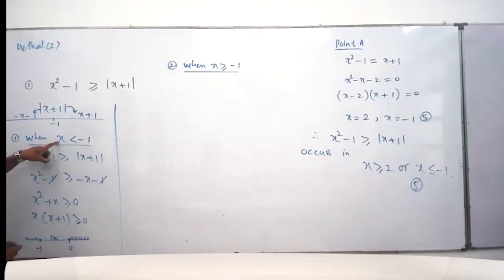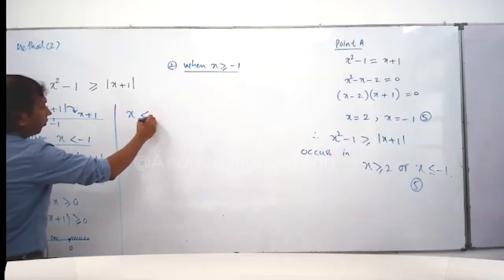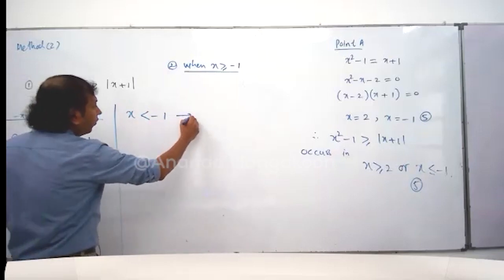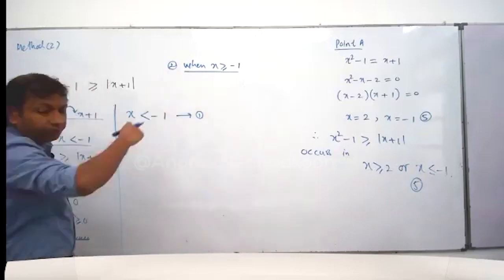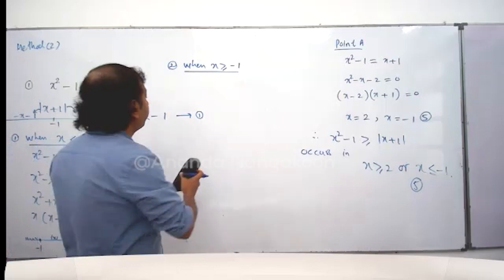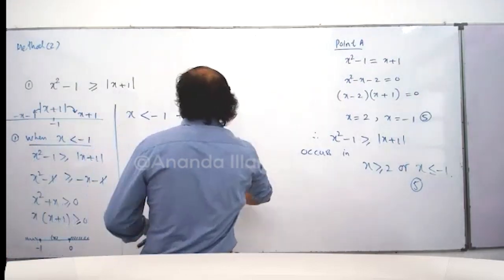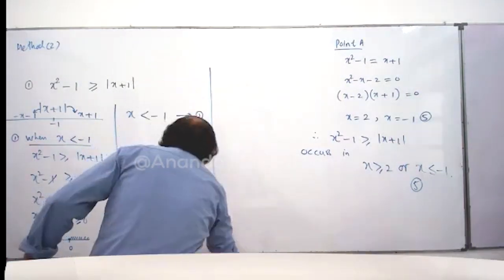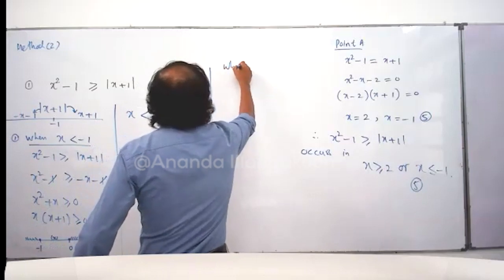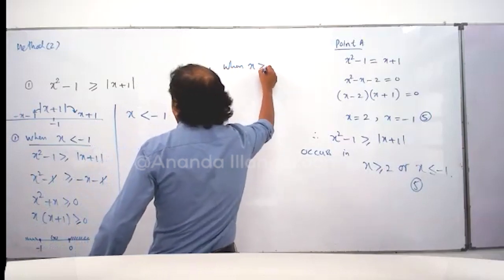Here the x less than minus 1 region is used, less than or equal to minus 1. Then what is the common region? X less than minus 1. Take the first one as number 1. The second interval, this one we have to discuss, when x is greater than or equal to minus 1.